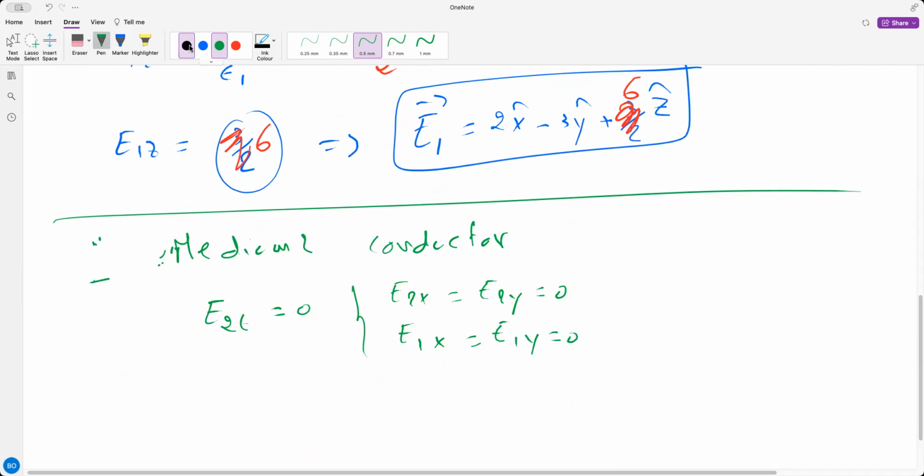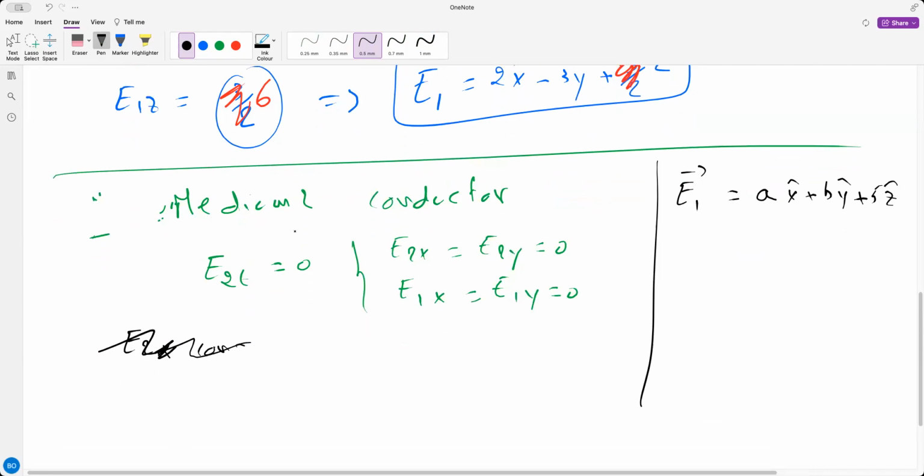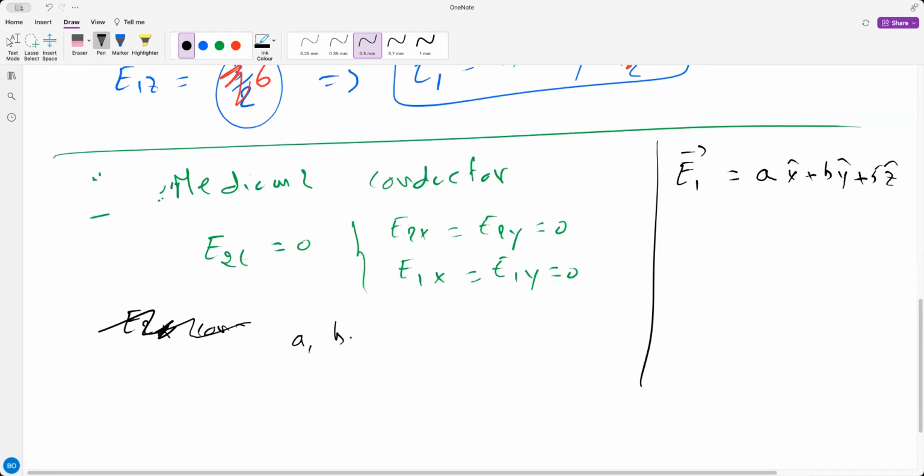What could be the following? Please follow this. For example, I can give you E1 equal to A x plus B y plus, I don't know, 5 z. And I will tell you, if medium 2 was a conductor, what will be the components A and B?